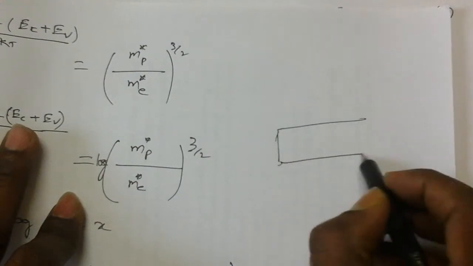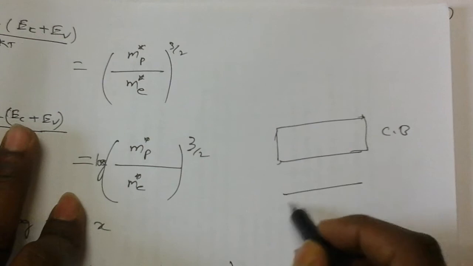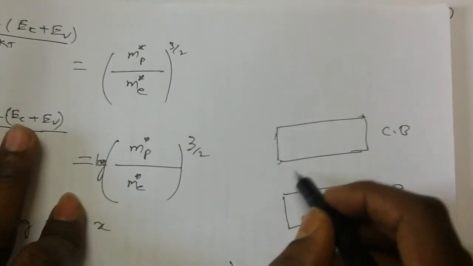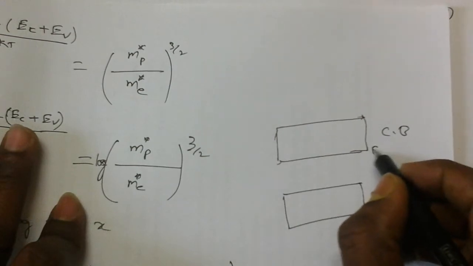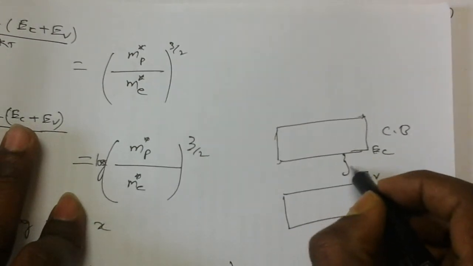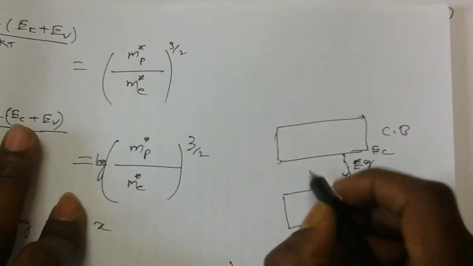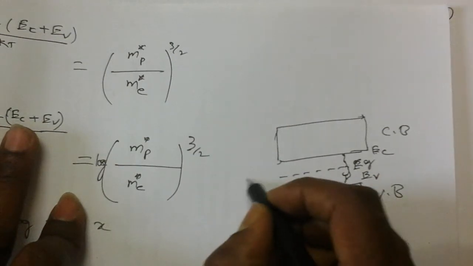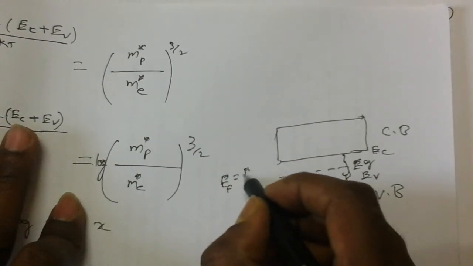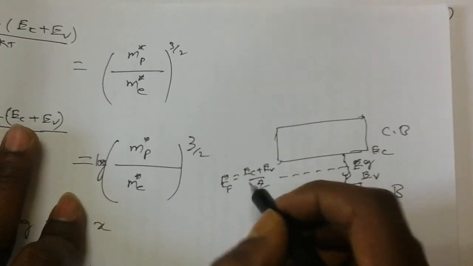If you draw a figure like this, it is the conduction band, it is the valency band, then it is EC, it is EV. This is called the energy gap. So this is the Fermi energy level. EF is equal to (EC plus EV) by 2.